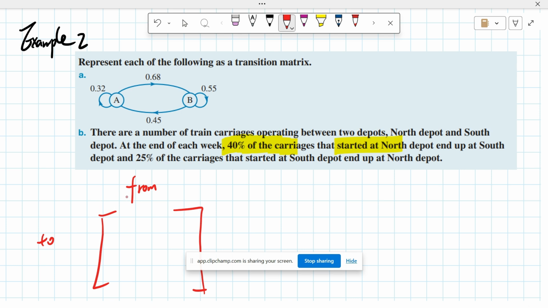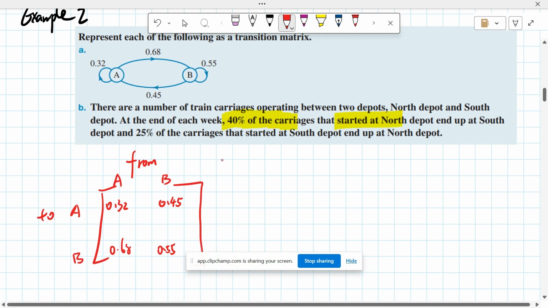So from A to A is 0.32, from A to B is 0.68, from B to A is 0.45, and from B to B is 0.55. That's the transition matrix from the diagram.